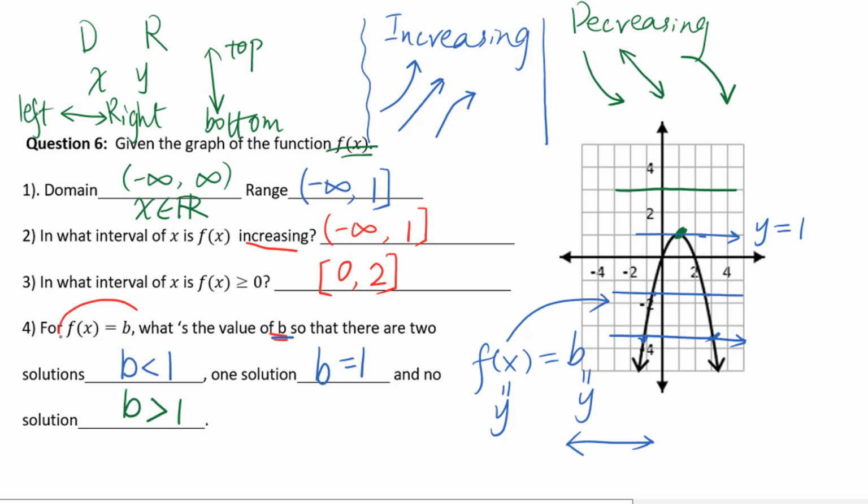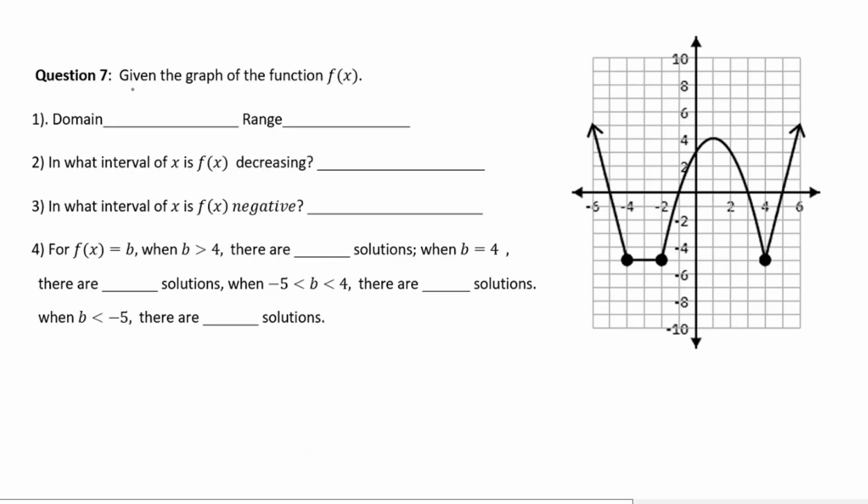So when you solve f of x equals b, basically we will make y1 equals f of x, y2 equals b. Check the intersections. How many intersections between these two graphs decide how many solutions for f of x equals b. Let's go to question 7.